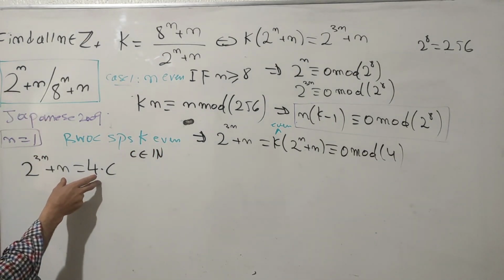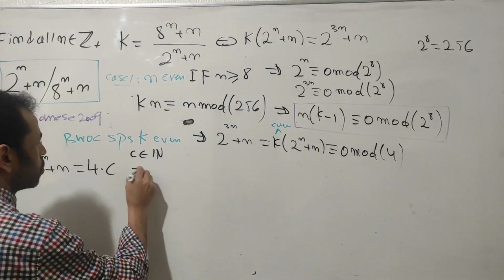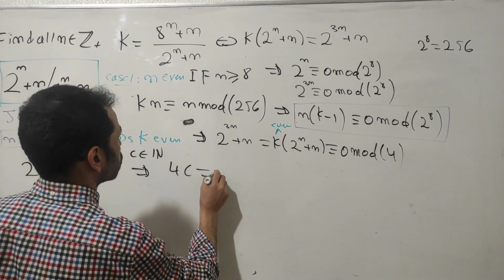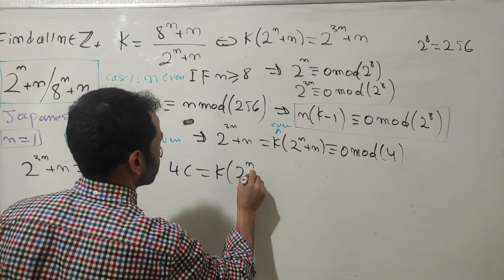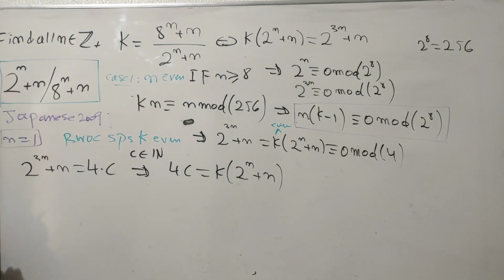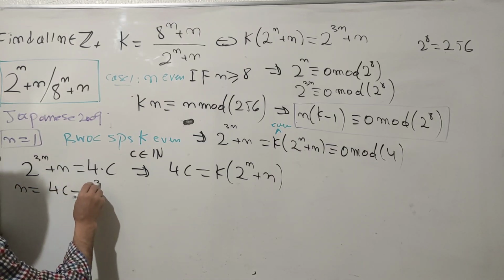I'm simply going to insert this into the previous equation. So we get the following: 4c, which equals k multiplied by 2 to the n plus n. Also, I'm going to extract n, so we get n equals 4c minus 2 to the 3n.